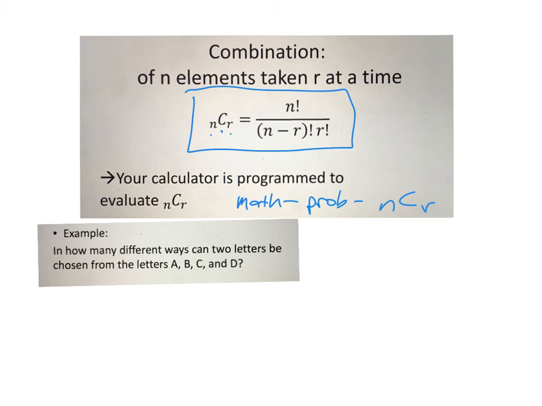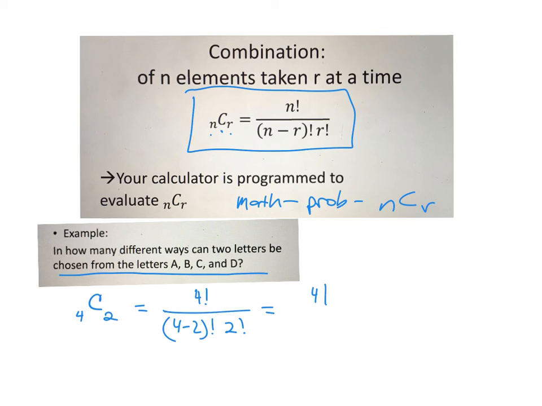Let's go back and look at that same example and see if we can figure it out using this formula. This is a combination of 4 total letters, and we want to choose 2 of them. We take the total number factorial and divide by 4 minus 2 factorial times r factorial, which is 2 factorial in this case. So we've got 4 factorial over 4 minus 2, which is 2 factorial, times 2 factorial.